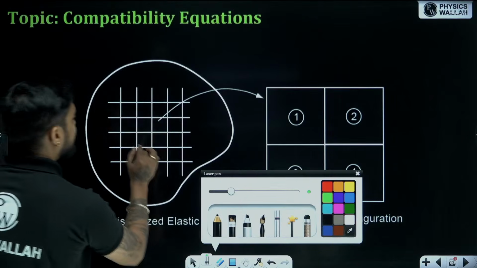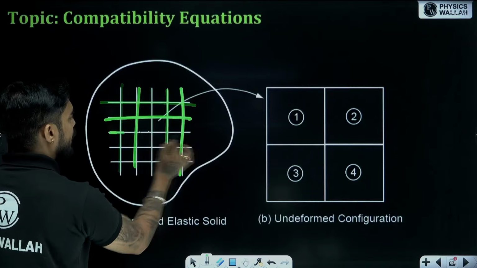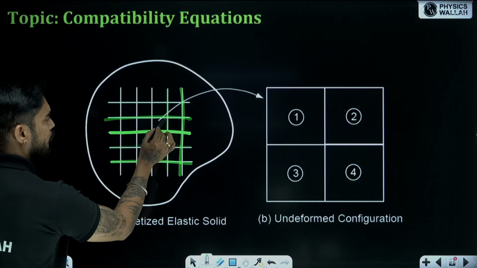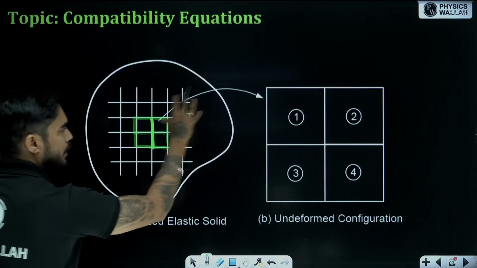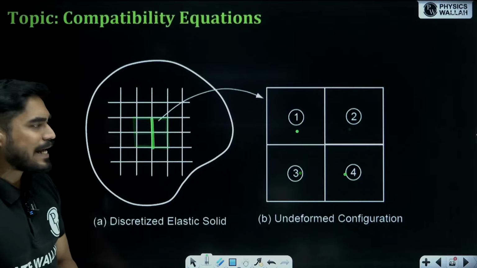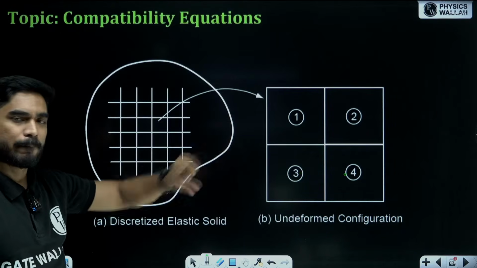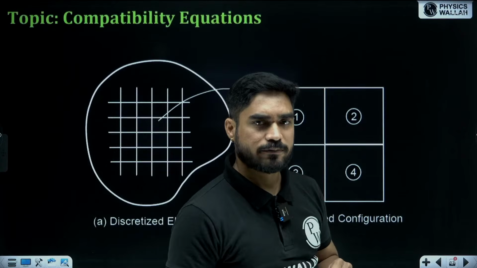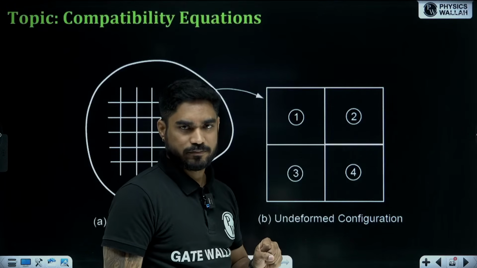Let's divide this elastic body into several rectangular elements. Now consider 4 rectangular elements from here: 1, 2, 3, 4. Right now I am assuming they are not deformed. Now after applying all these loads, these elements will get deformed.